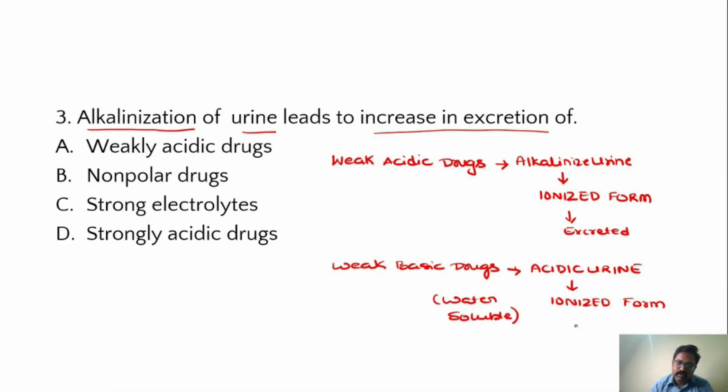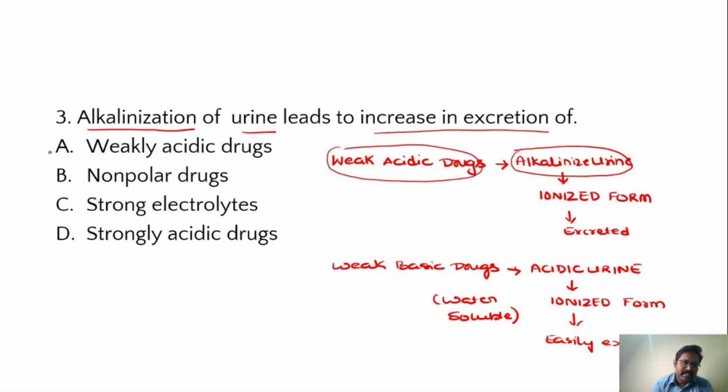Thereby it gets easily excreted. So here alkalinization of the urine leads to increase in excretion of. When do we alkalinize the urine? Whenever we want to increase the excretion of weak acidic drugs. So the answer is weak acidic drugs here.